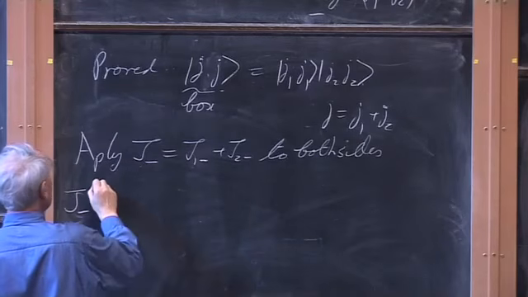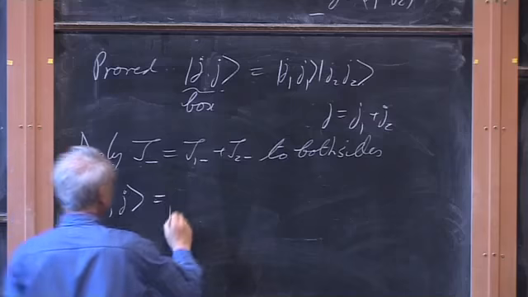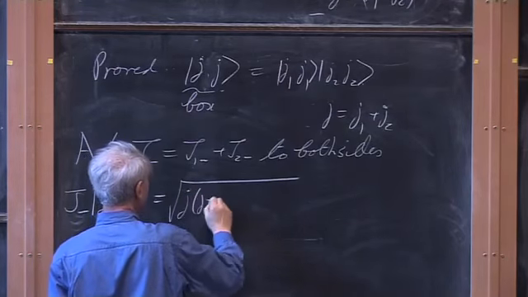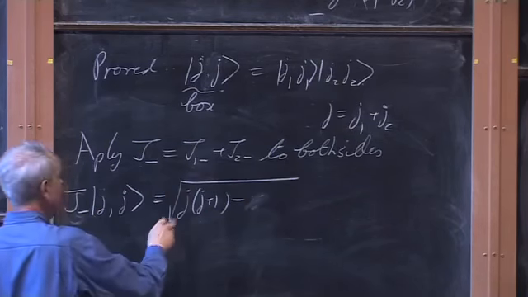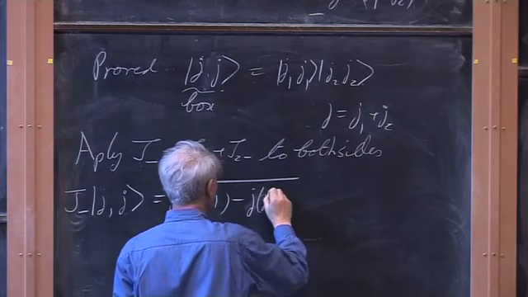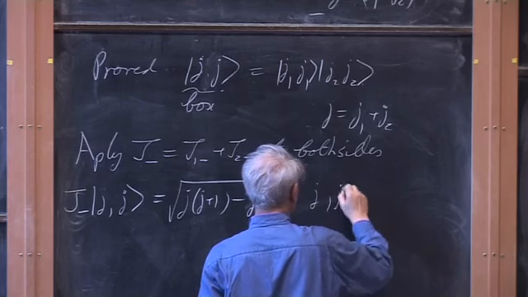J minus applied to |j, j> produces, there's a square root here, which turns out to be j plus m, times j minus m plus 1, but m is j, so the square root of 2j, times |j, j minus 1>.